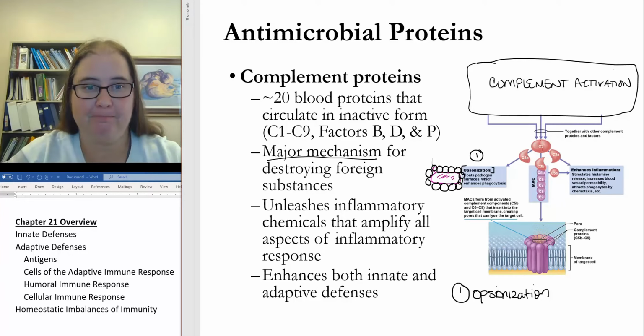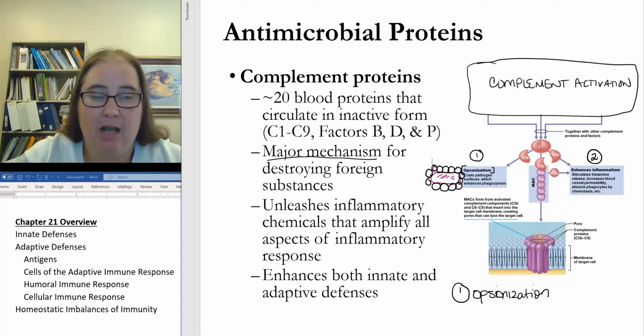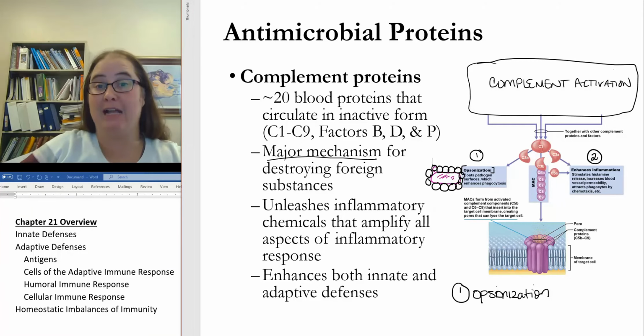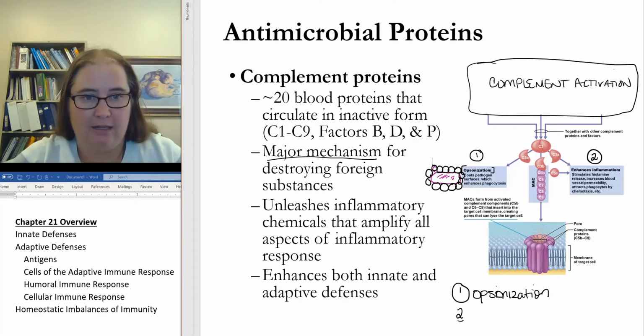The second thing that's going to happen as a response of activating complement, through C3b or C3a, is it will stimulate histamine release, which increases blood vessel permeability, which attracts phagocytes by chemotaxis, etc. So we go back through that whole inflammatory response, that phagocytic mobilization process we just went through. That's what this is going to activate. So our second thing is we're going to increase inflammation.